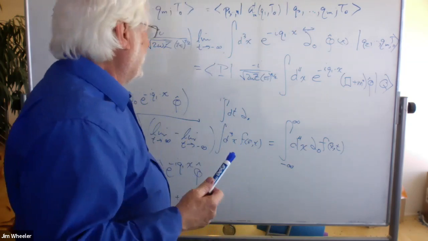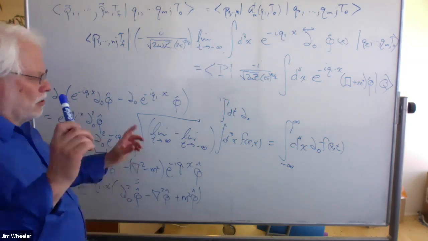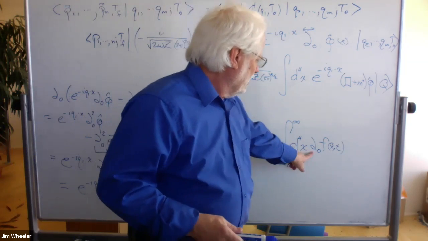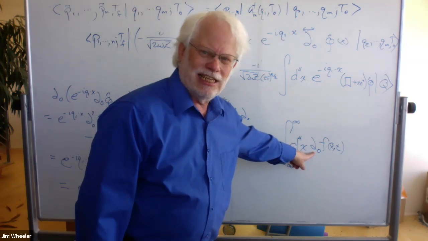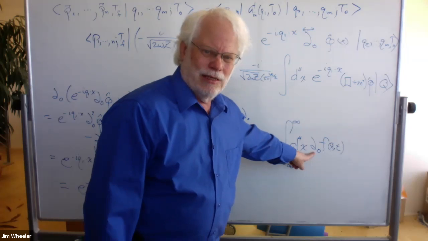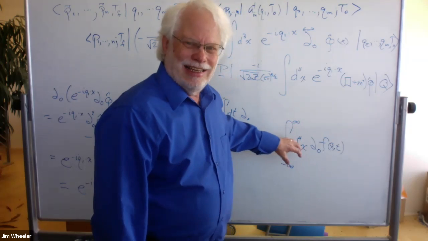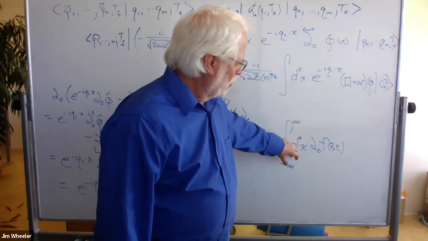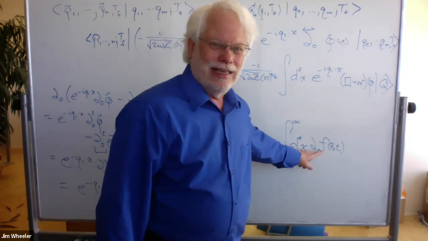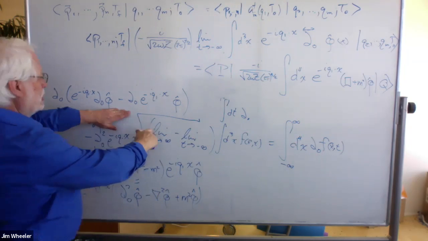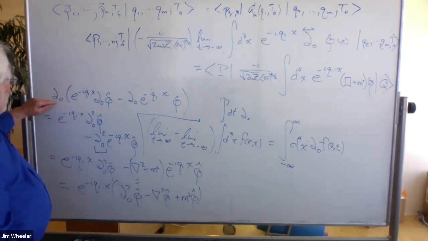The thing that changes this into a wave operator is having this time derivative added inside. Once we've turned this into a four-dimensional integral over a derivative, that derivative acts on the thing that's inside. This is just the double arrow thing.